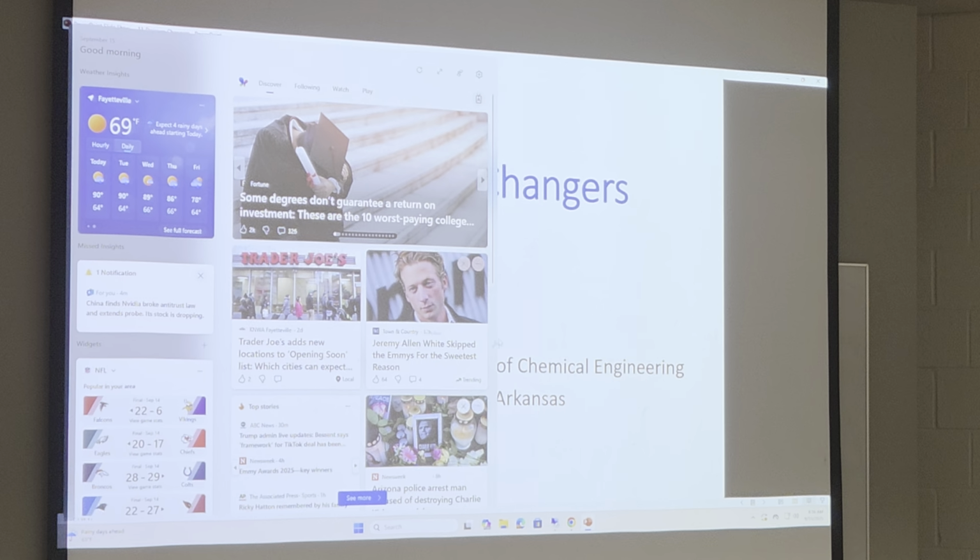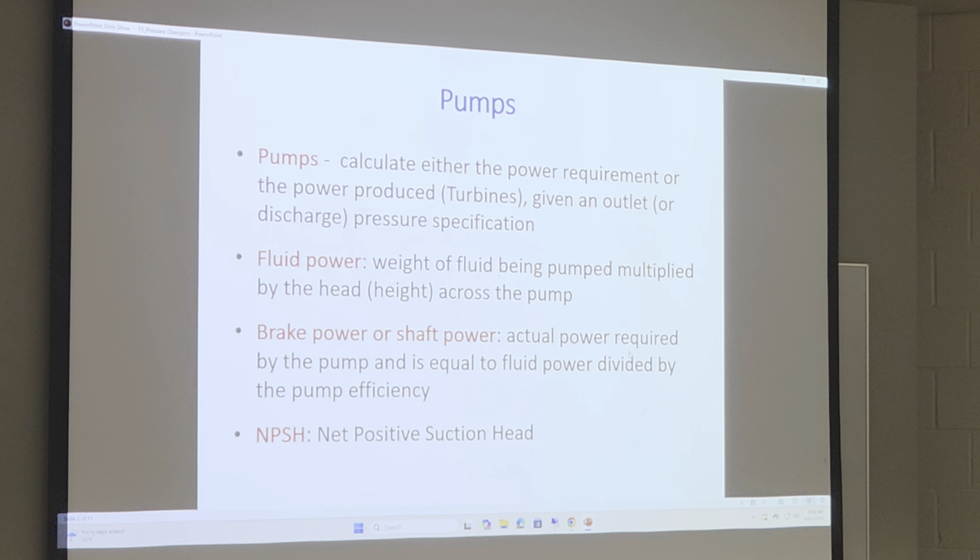Yes? Pressure changes: pump, compressor, turbine, valve, pipeline system, those are pressure changes. Now, think of pump, calculate either the power requirement or the power produced, and try to know the terminology.